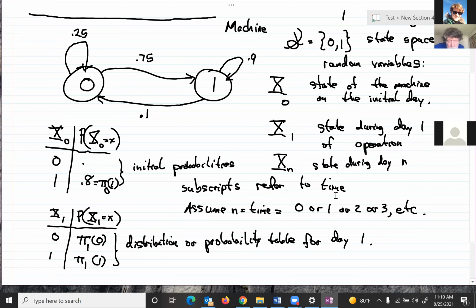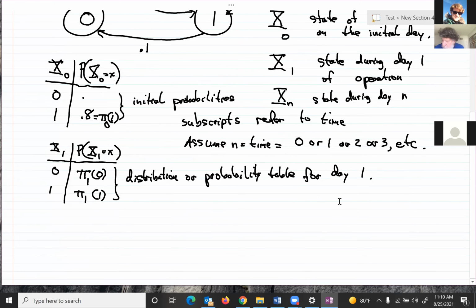So in general, how would this notation look? Be careful. Back up here, something got erased. This was 0.2 by assumption, and it was pi 0 of 0. And in general, how would this notation look?